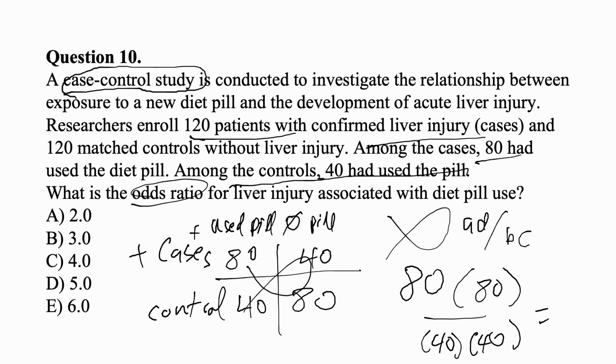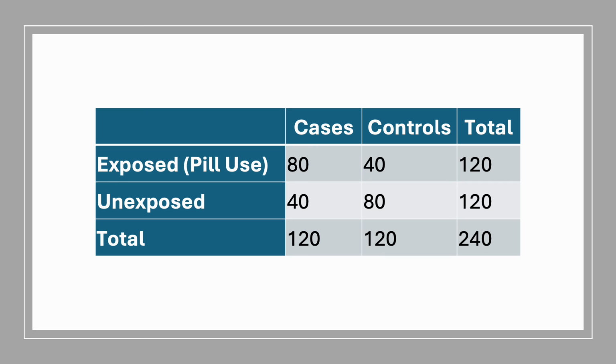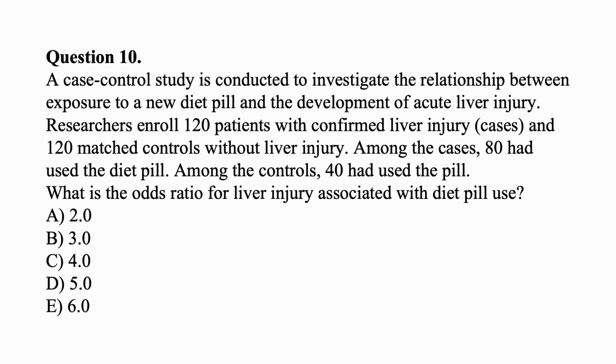So I think we can do the math, and this ends up being 4 because this ends up being 2 times 2, which equals 4. So again, we do this fish, and we have the correct table that we made. So C, 4, is indeed the correct answer.